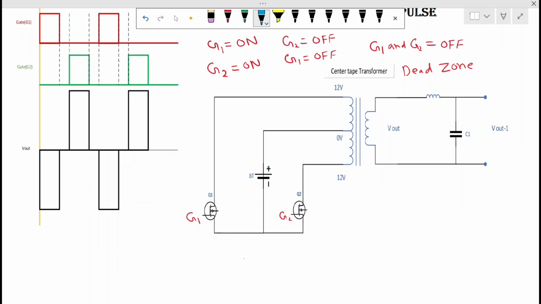Here you can see the battery positive is connected to the transformer center point, the primary side, low voltage side. Another two points, let us say 12 volt, are connected to each MOSFET drain portion.